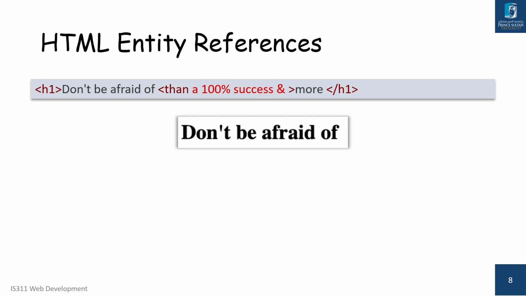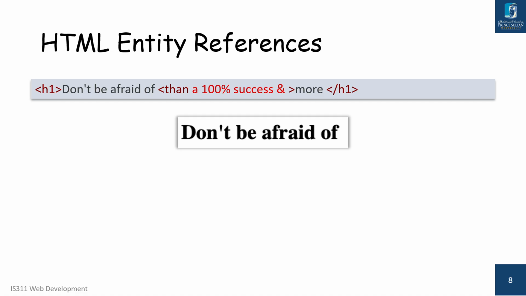Why? An example is here. For example, we want to display this: "Don't be afraid of less than 100% success, greater than more, and greater than more." So we want to display this title on the page. But what we did, we used these special characters directly inside the string value, as the contents of the h1. Then what is the problem here?